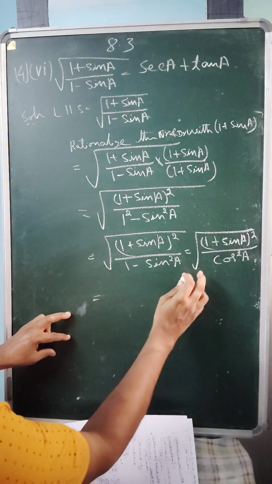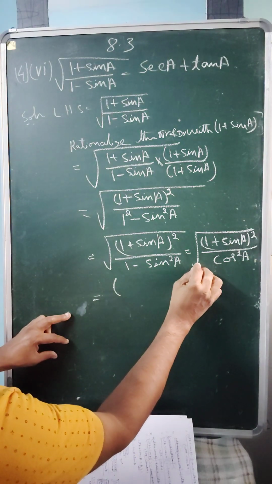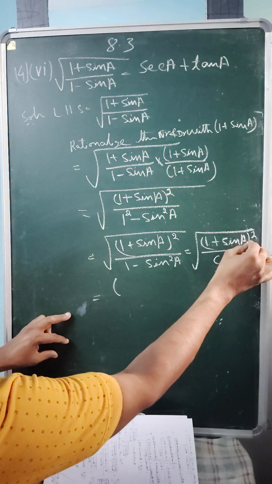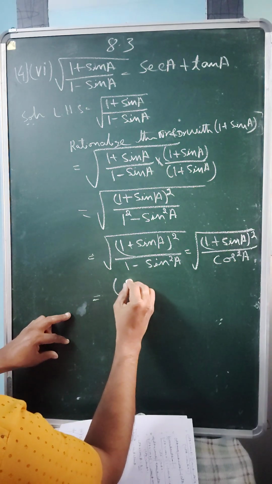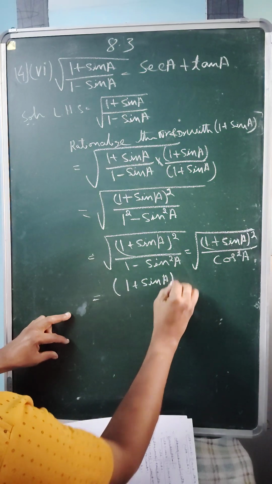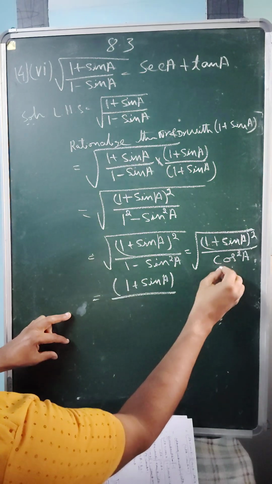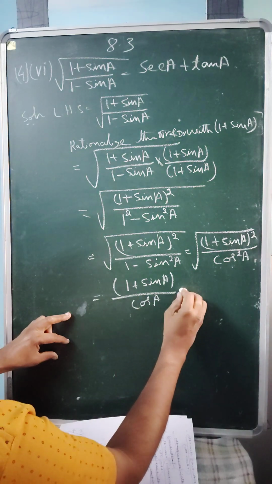Then remove the square root. The root and square cancel, so 1 plus sine A is left behind, divided by cos square A, where the square removes the root and cos A is left behind.